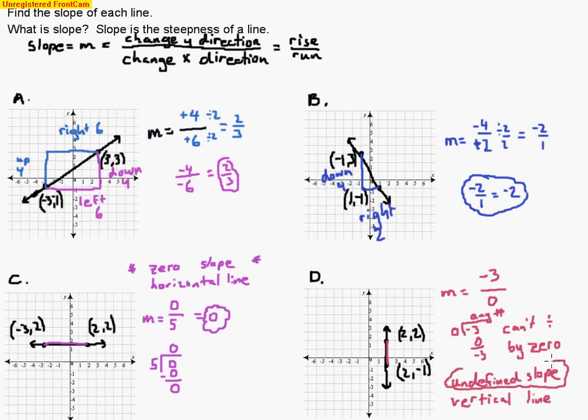And these are the 4 different types of slopes that we're going to end up dealing with. First of all, I guess there's only 3 types. This one is undefined, so this one really doesn't have slope. But we have 3 different types of lines with different types of slopes, and then one without a slope. And so vertical lines, undefined slope or no slope.